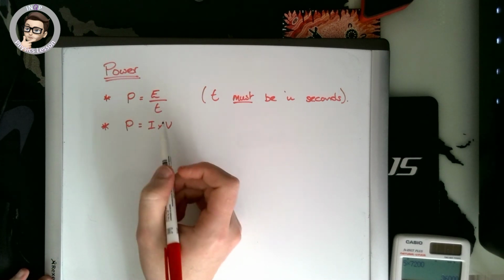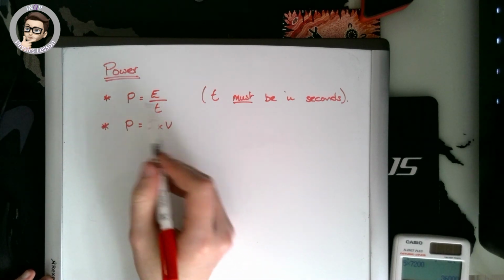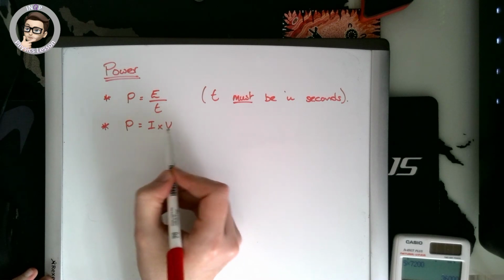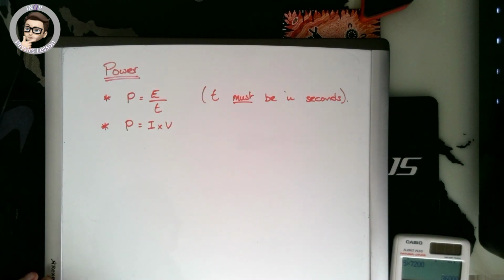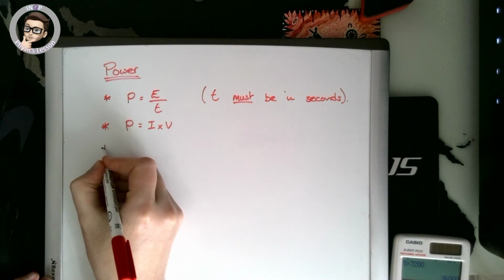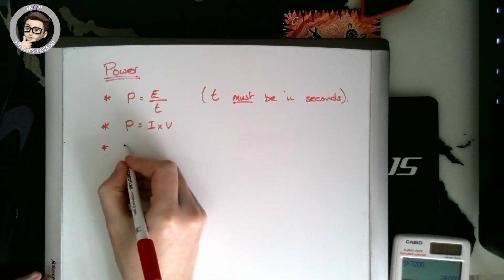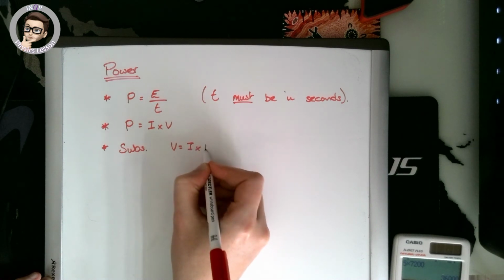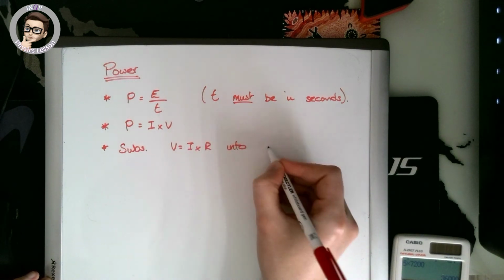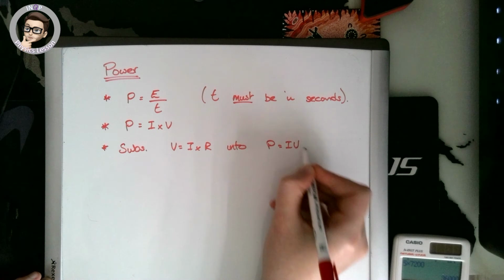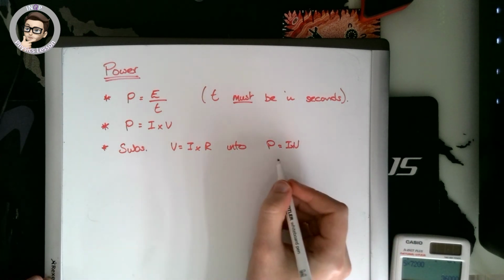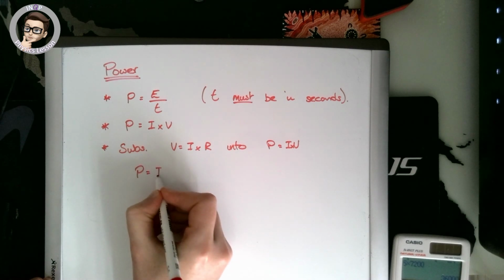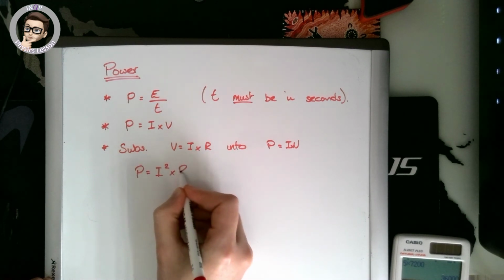Now you don't need to know that, but you do need to understand this second equation. So power is equal to the current multiplied by the potential difference. We've also learnt that if you substitute in V equals I times R into P equals I times V, then we're going to end up with a new equation, which is power equals the current squared times by the resistance.